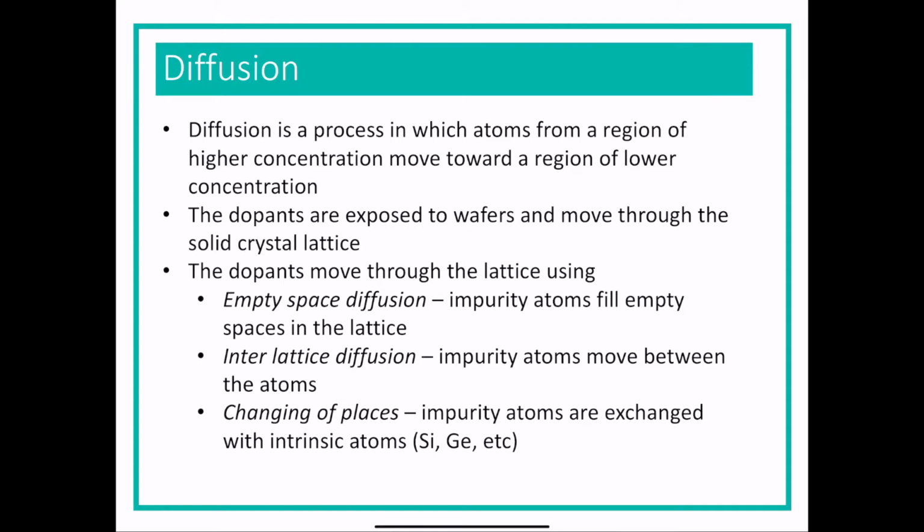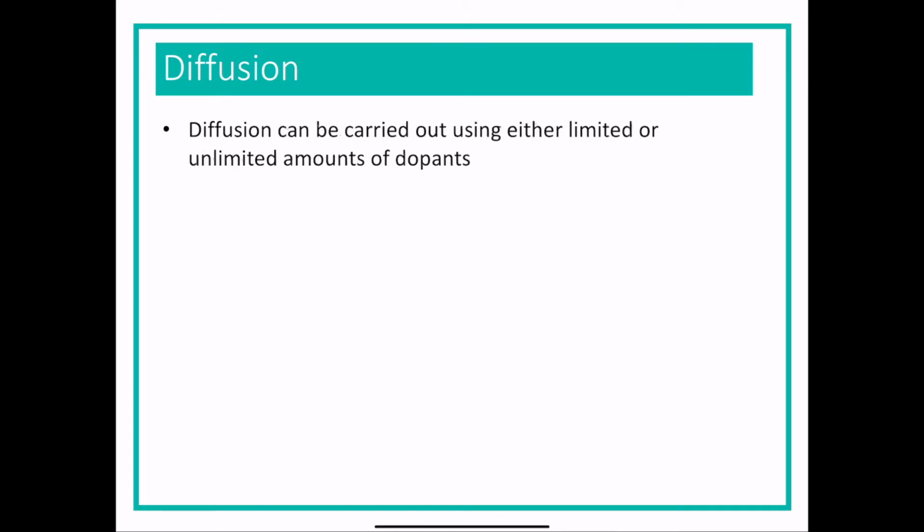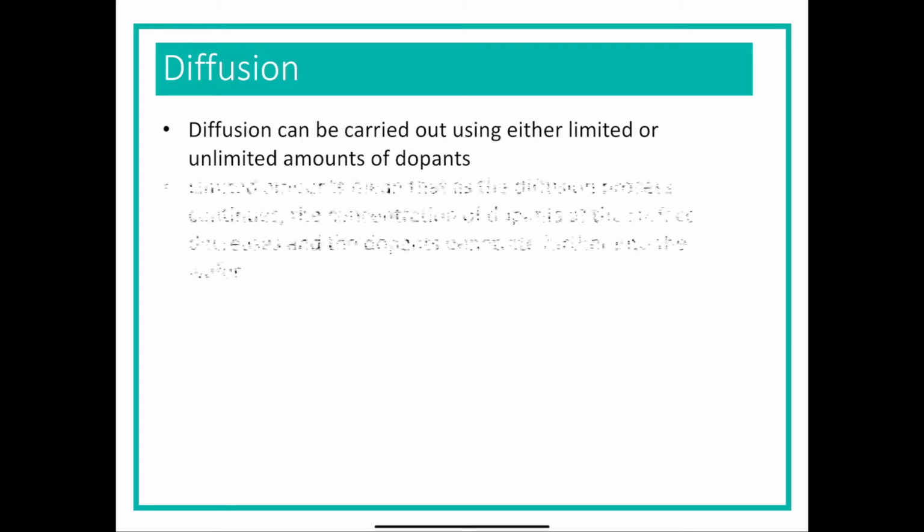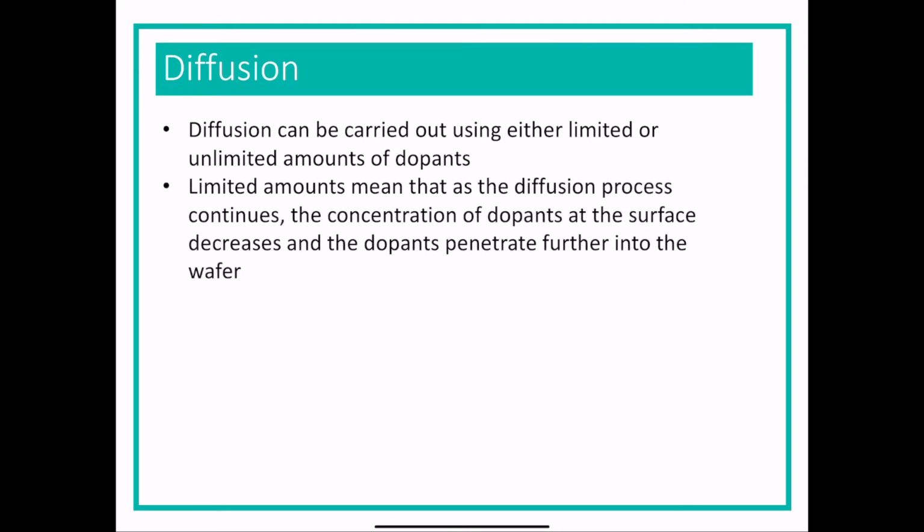Basically, you can either do diffusion with a limited amount of dopant, so put some on the top and just let it sink in, or you can have an unlimited amount where you just keep putting it on and putting it on. Limited means that once you put some in, it goes down into it, but eventually the concentration on the surface decreases, obviously, because you're not reapplying more dopant.